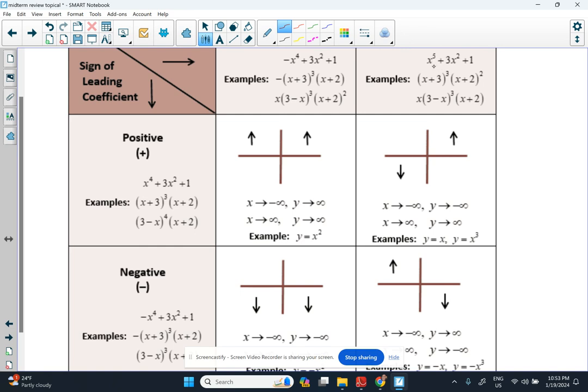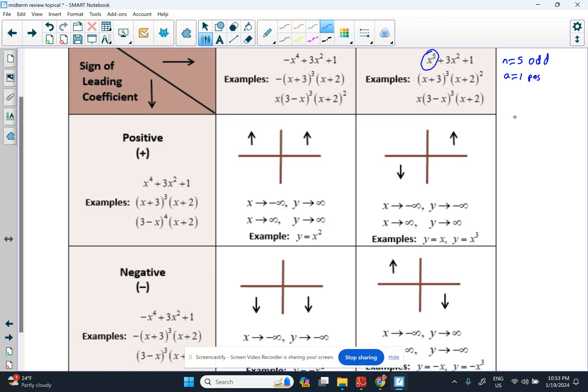We have an expression x to the fifth plus 3x squared plus 1. The term containing the highest exponent is x to the fifth. We notice that the highest exponent is 5, and that's an odd value. And we notice that the leading coefficient is 1, which is positive.